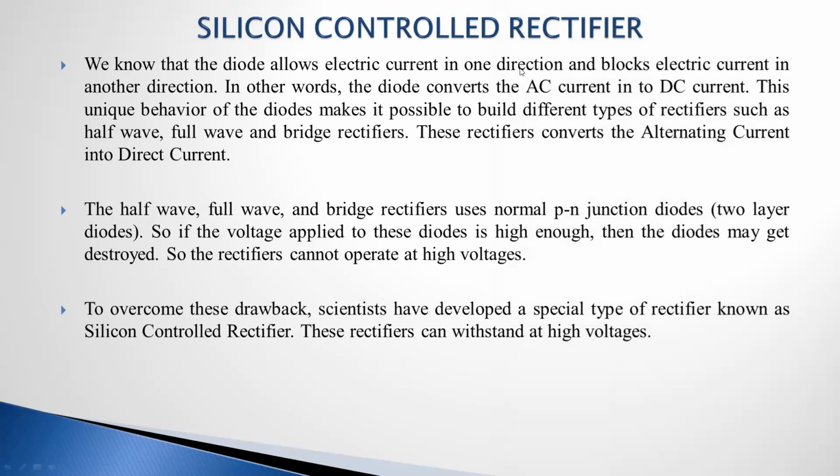But it will block the current in the reverse direction, that is from cathode to anode. The diode is a unidirectional device. It will allow the current from anode to cathode only. It will not allow the current from cathode to anode.